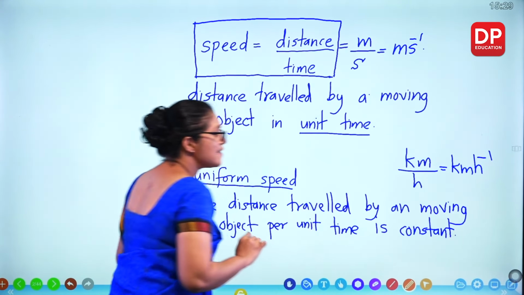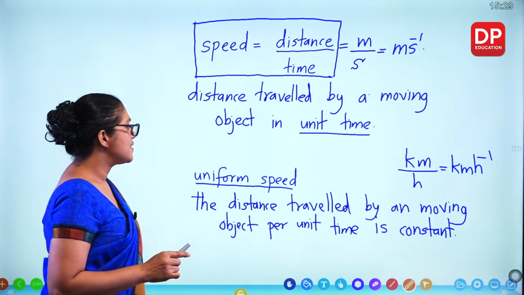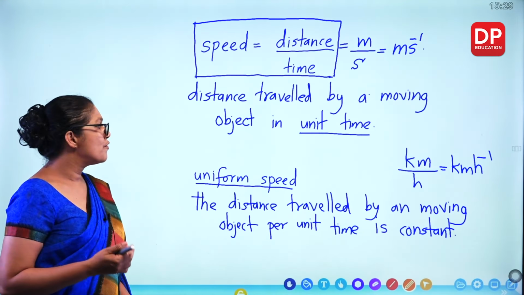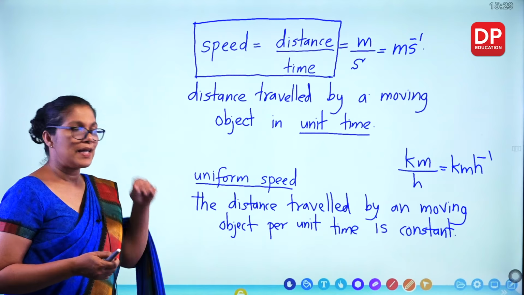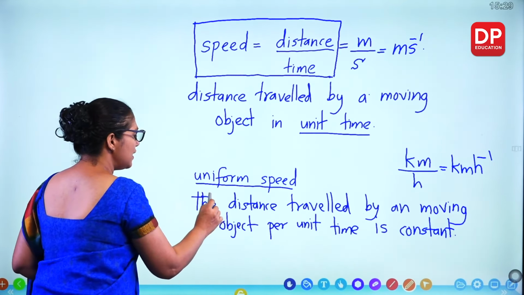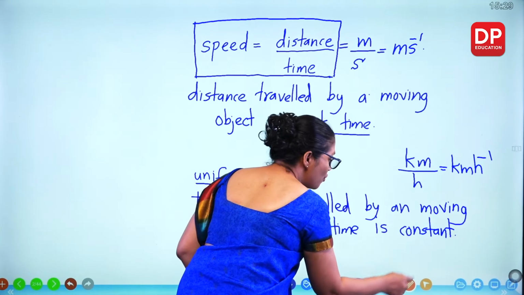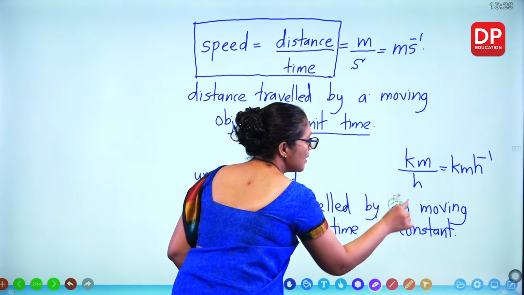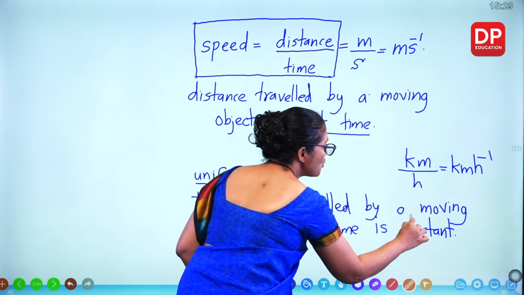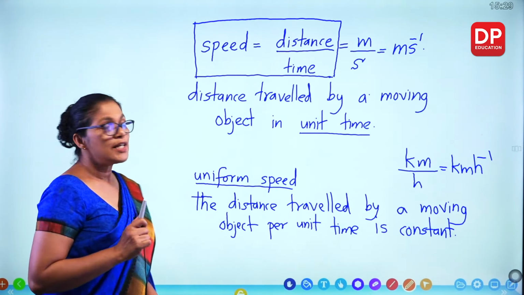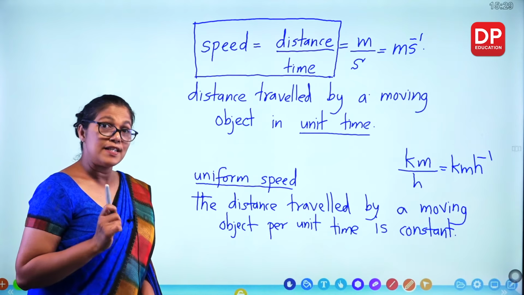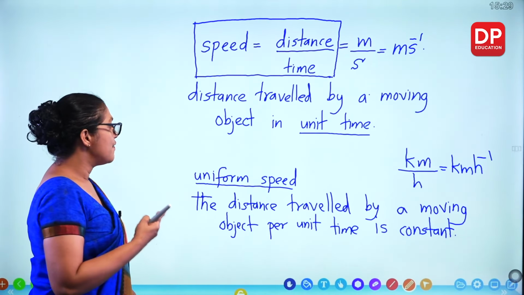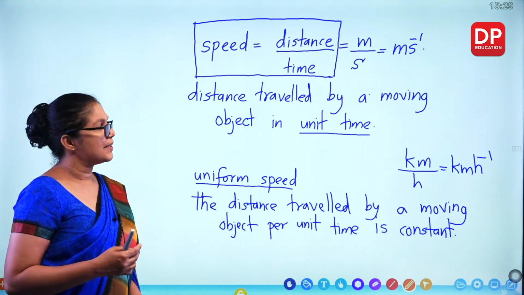If always it is constant, we say the object is moving in uniform speed. So this is important: the distance travelled by a moving object per unit time is a constant. If it's a constant value, we say that's uniform speed.